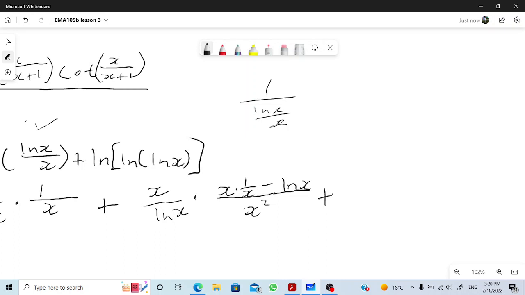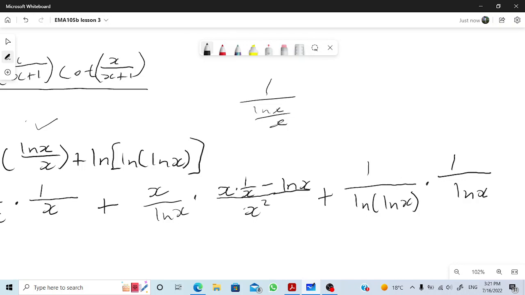So when you differentiate this, you put 1 over everything inside the brackets, ln of ln x, multiplied by, now we go to the inner ln, it's also an ln, so it's 1 over everything in its brackets, which is ln x.